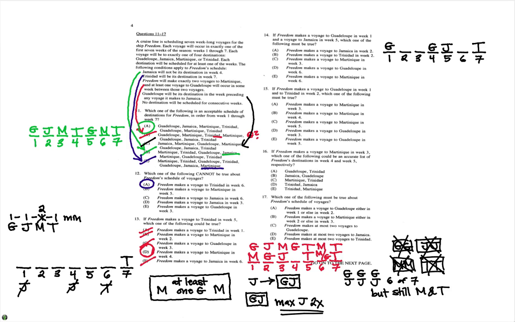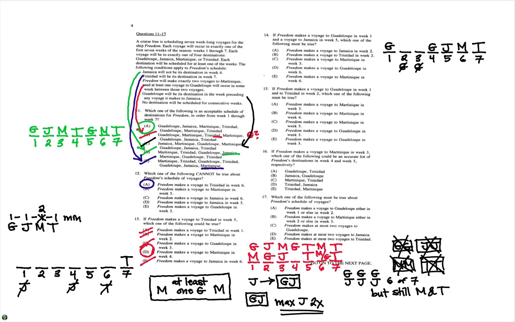Now the question is, what is going to happen to our two Martiniques? And you notice they can't both show up in 2 and 3. One of them is going to be in 2 or 3. The other has to be in 6. We can't have Guadalupe show up in weeks 2 or 3 because they can't be consecutive.